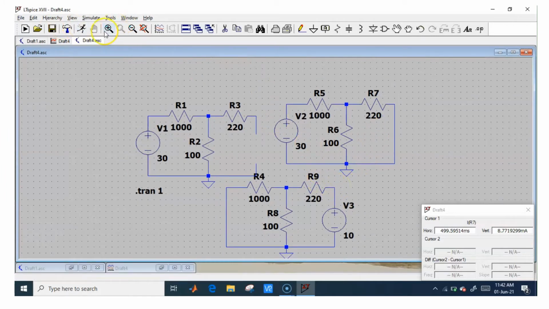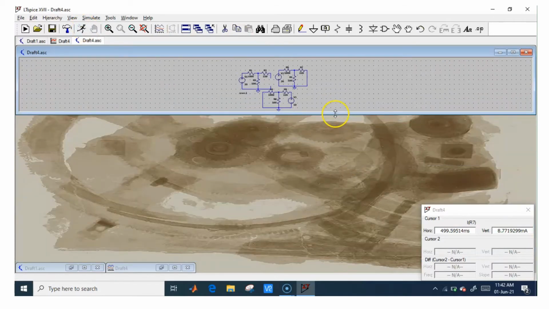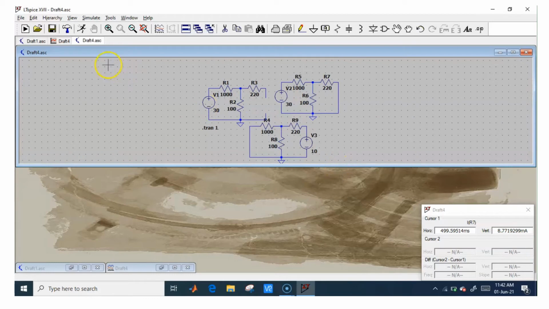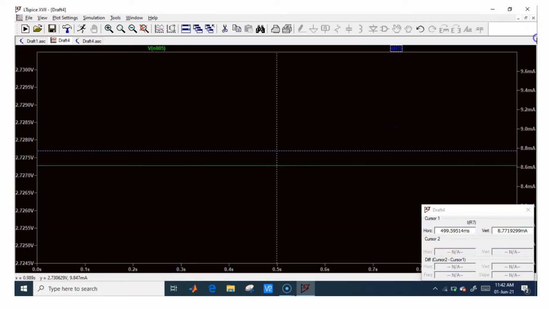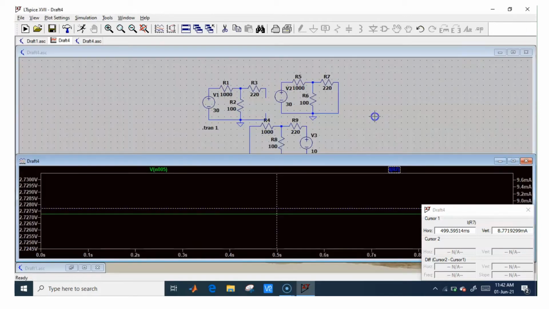So what will be the current flowing through the circuit?